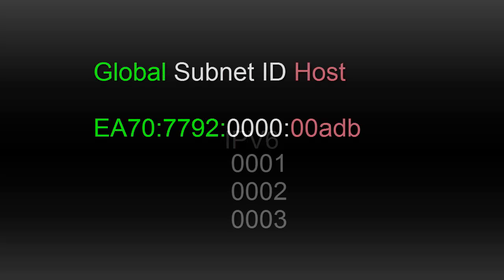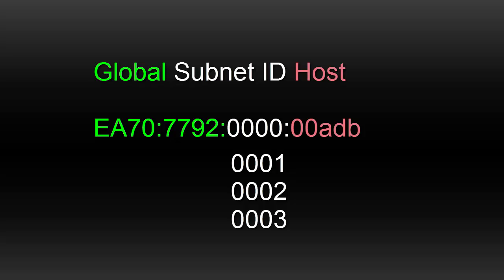The only real reason why you want to subnet is obviously for security and stuff like that, and you don't need as many things. So I'm going to skip over a lot of basic things on IPv6, and I might hit that up, most likely I will, in a later video for CCNA, because I can get a little bit detailed into it. But let's jump into the subnet part.